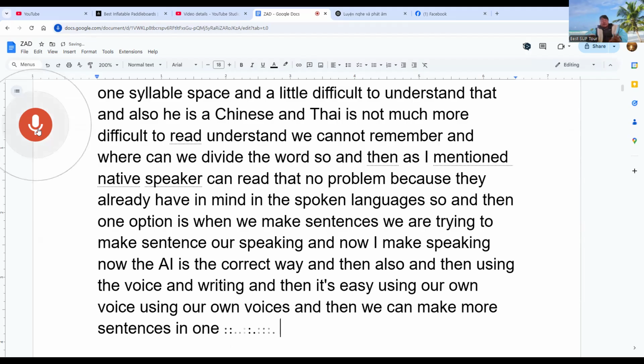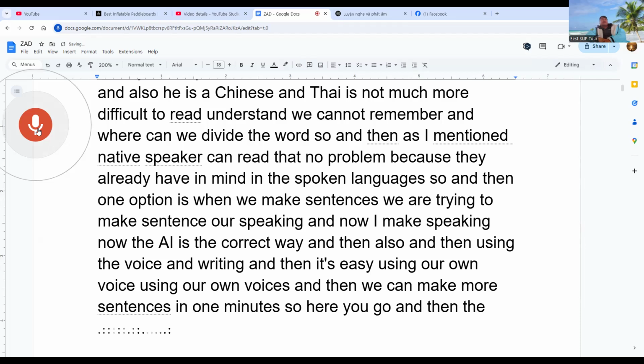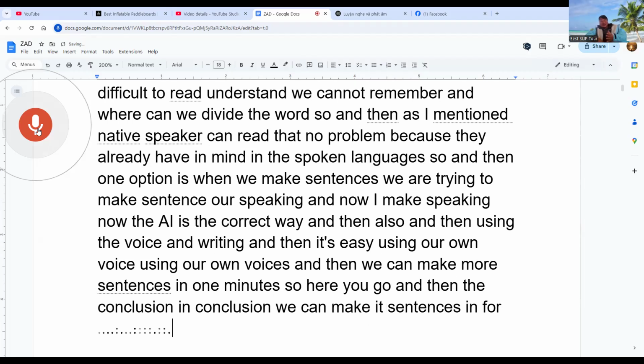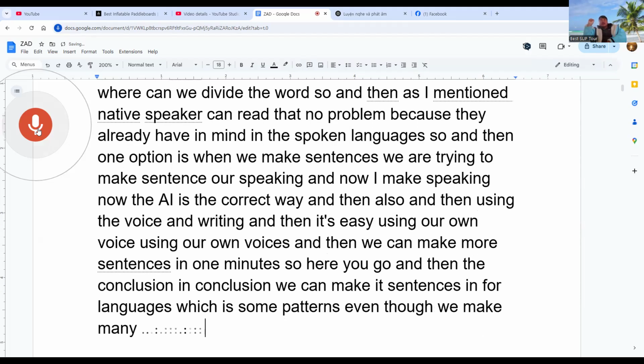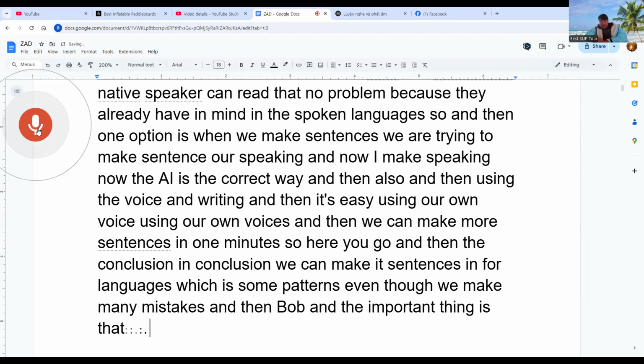So it's very, very useful. In conclusion, we can make sentences in foreign languages with some patterns, even though we make many mistakes, and the important thing is that we can make sentences naturally.